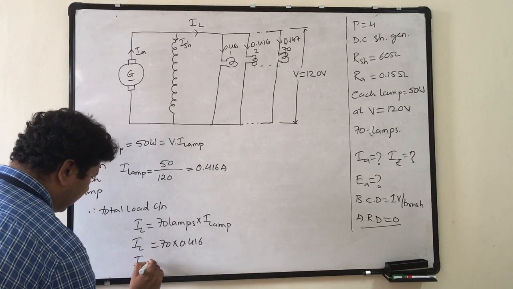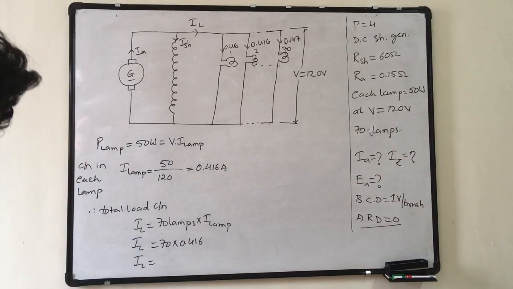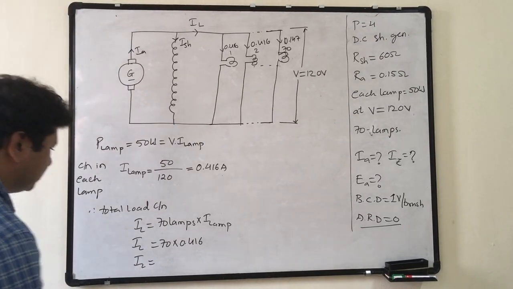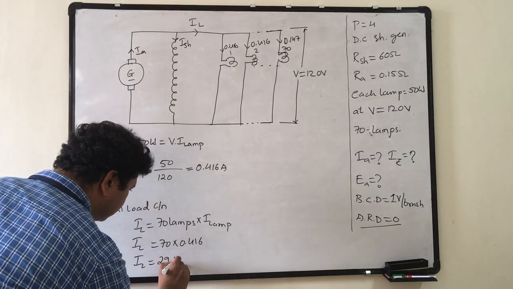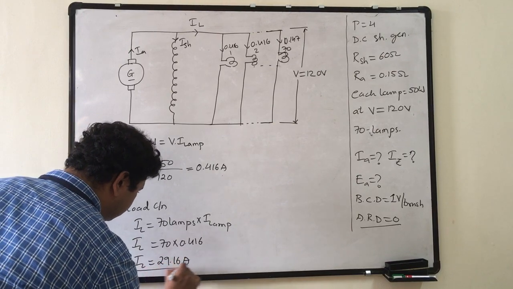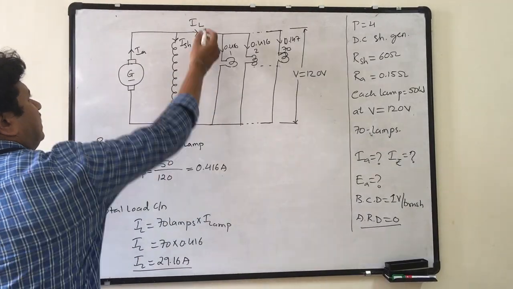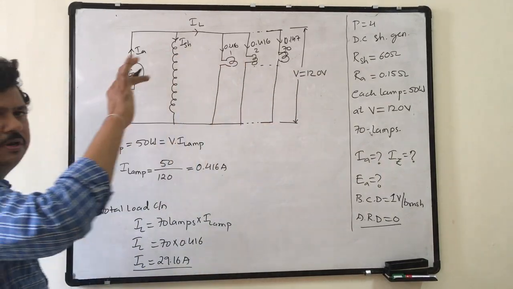So my IL comes to 29.16 amperes. This is a simple load.